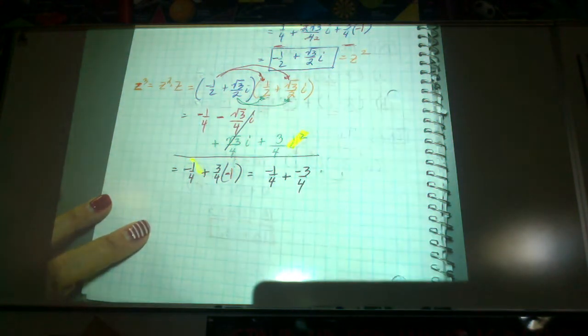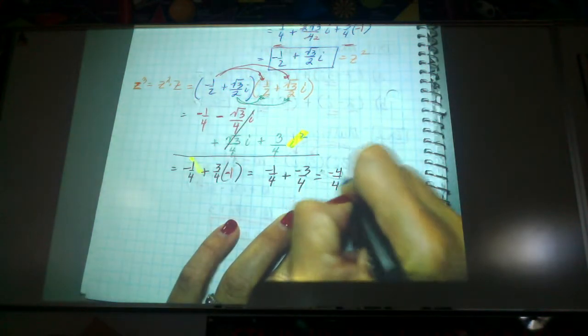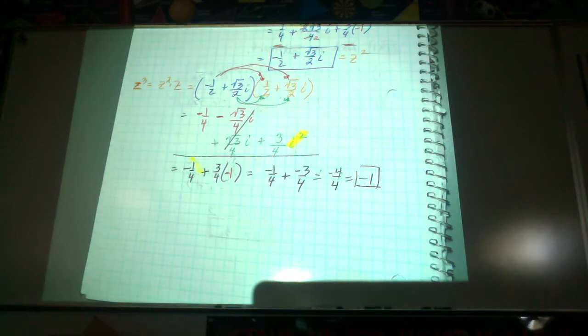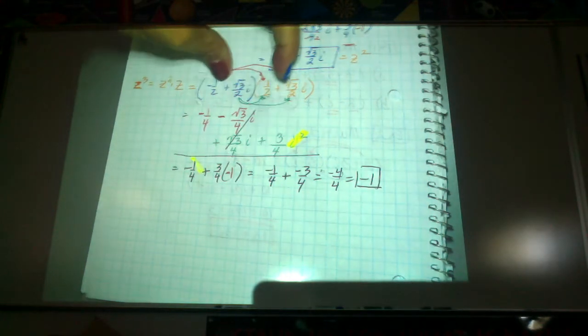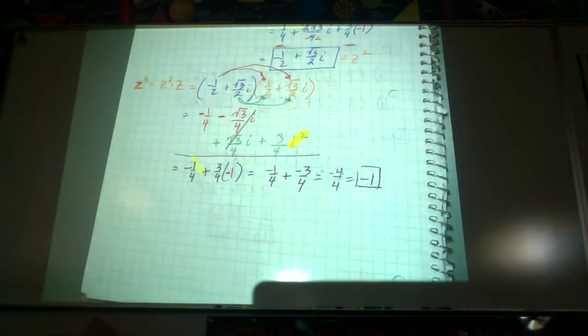What's negative 1 plus a negative 3? Negative 4 over 4, which is negative 1. So z squared turns out to be just a real number, negative 1. So interestingly enough, when we multiply the difference of two squares factor pattern together, we get rid of the imaginary part. So that brings me to my discussion of conjugates.